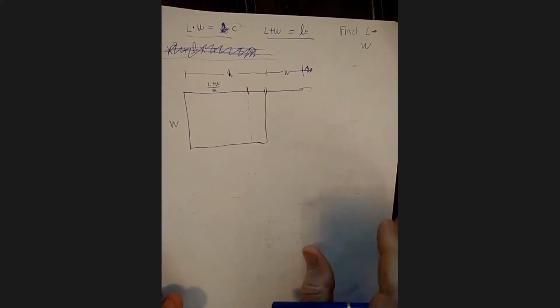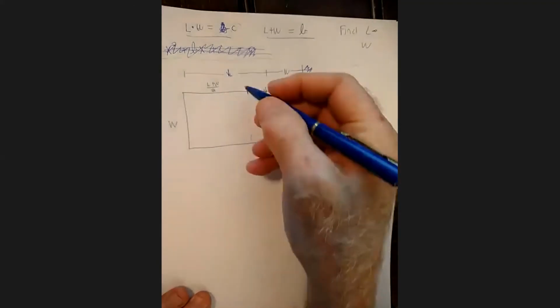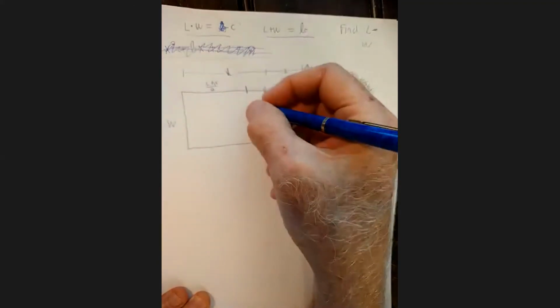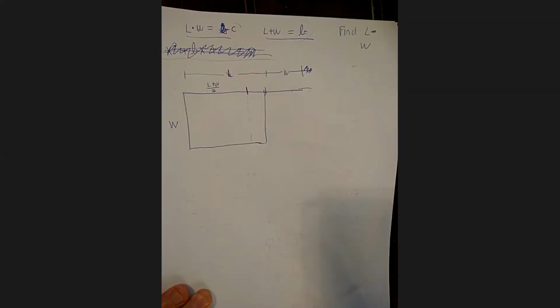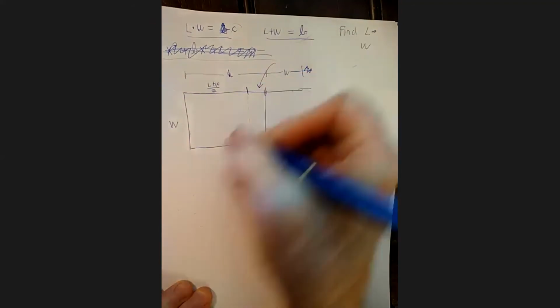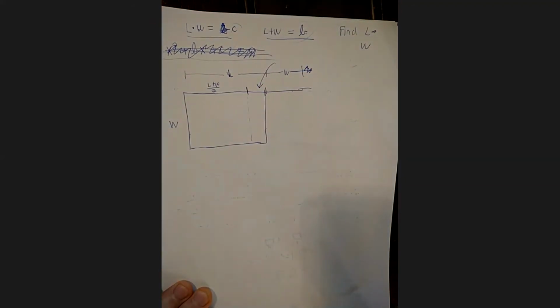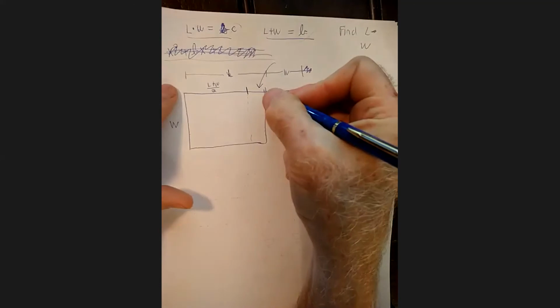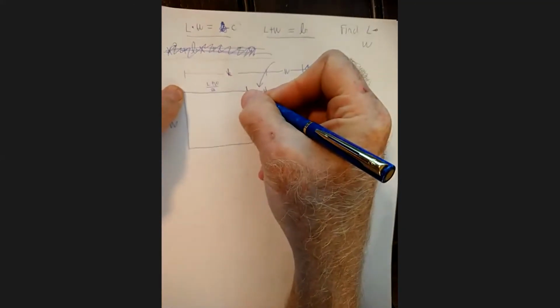Okay, good. So what I did here is I'm looking at this part of it now, which I'm dividing by 2, but the length of the side is still L. What's this equal to right here? Remember, the length from here to here is L. That's L plus W over 2.